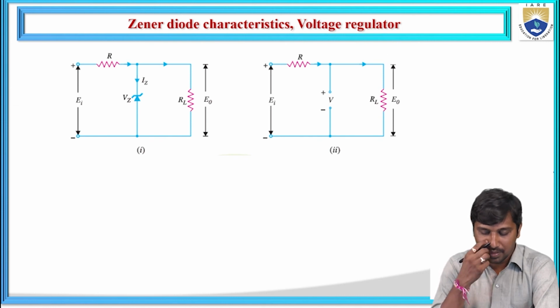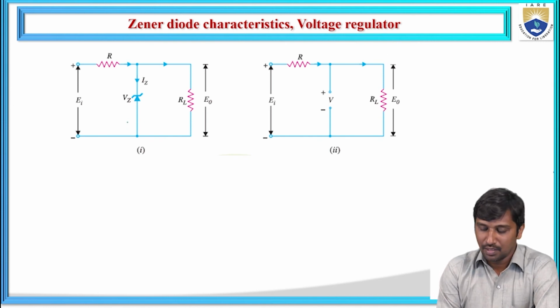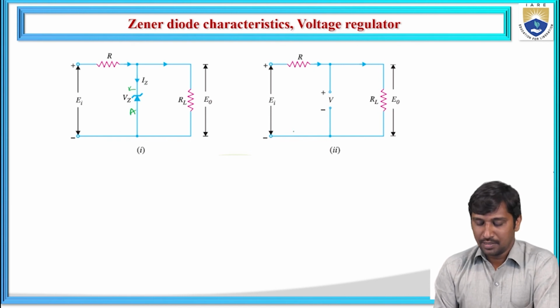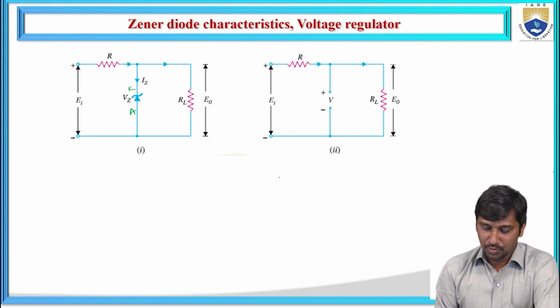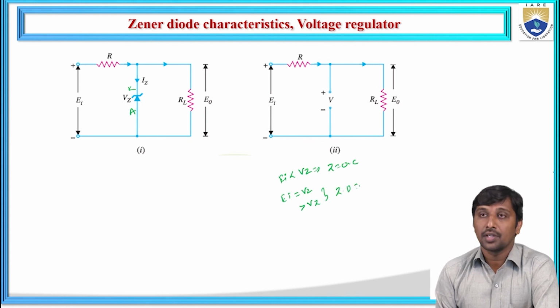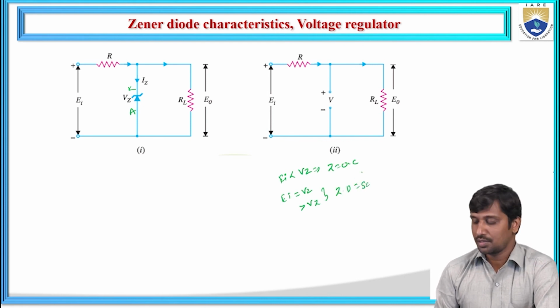Let us consider the Zener diode: the negative is connected to the anode and this is the cathode. When EI is less than VZ, the Zener diode acts as an open circuit. When EI reaches VZ or more than VZ, the Zener diode acts as a short circuit.